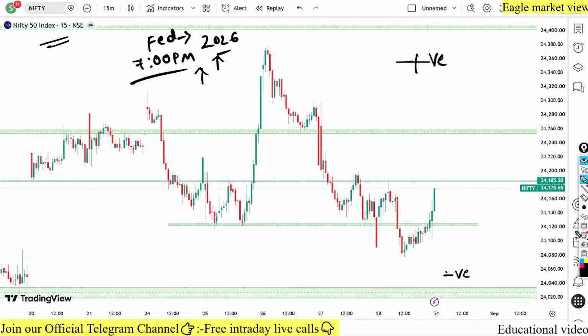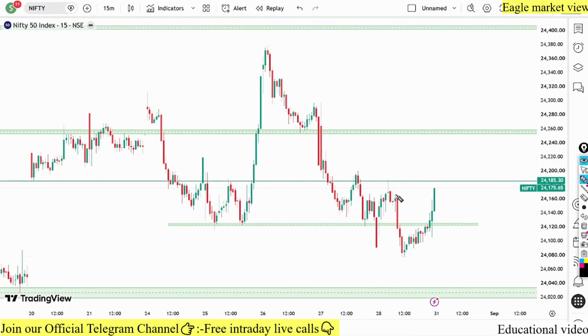Coming to the Nifty today, it's almost a V shape recovery we can see. This is the Nifty closing candle. On Monday, if Nifty opens at any price near this level, 24,080 is the important support level, that is today's low. If Nifty breaks down 24,080 with a bearish candle, then price will go further downside. Similarly, in yesterday's video I clearly mentioned the important support level around 24,120.